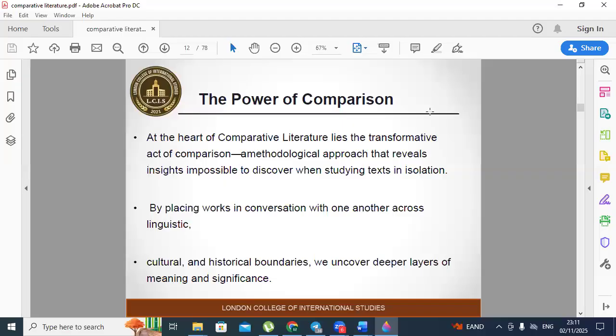It's a methodological approach that reveals insights that are impossible to discover when studying texts in isolation. By placing works from different linguistic, cultural, and historical contexts into a conversation with one another, we uncover deeper layers of meaning and significance in each one.